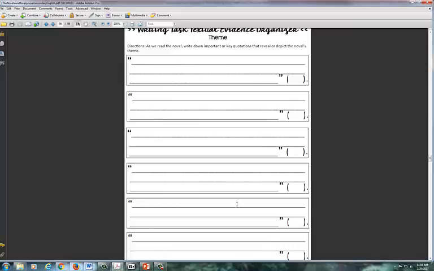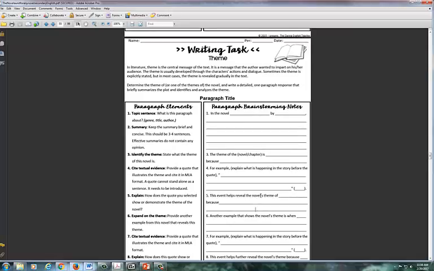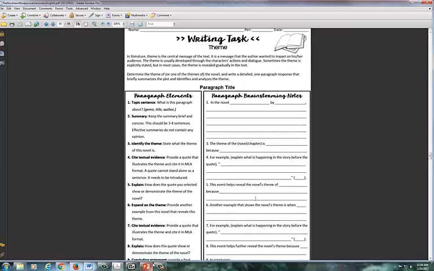You won't be able to write good theme statements until you know the conclusion, how the novel ends. So while you might want to keep in mind quotations that you think are important, this is probably something that you will need to save for after you have finished the novel.